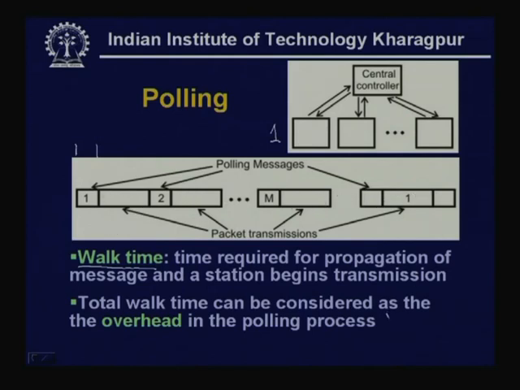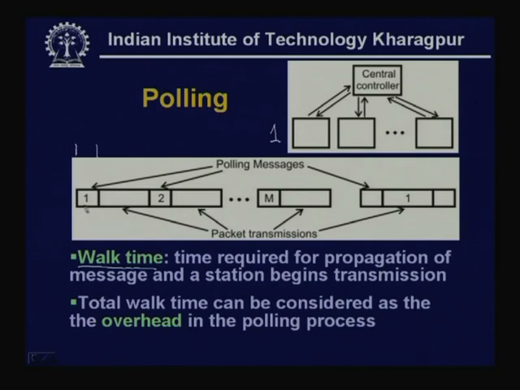Here the overhead can be made very small, because the propagation time is usually small whenever the stations are located nearby, not satellite communication or of that kind. So, this walk time can be quite small and throughput can be quite high.